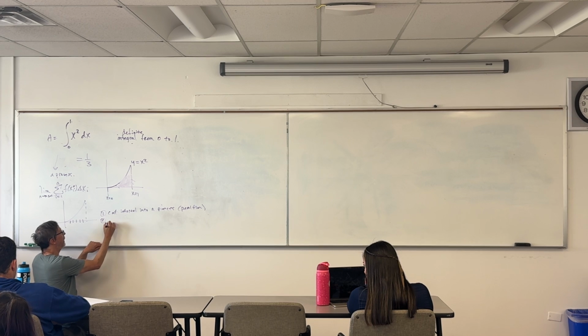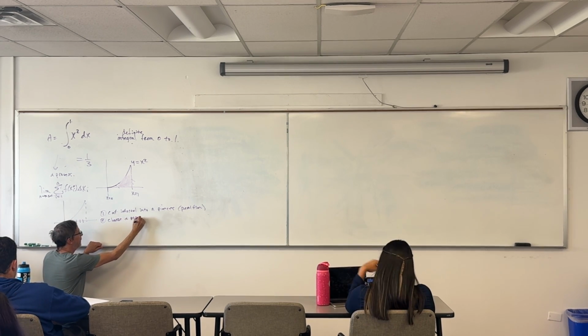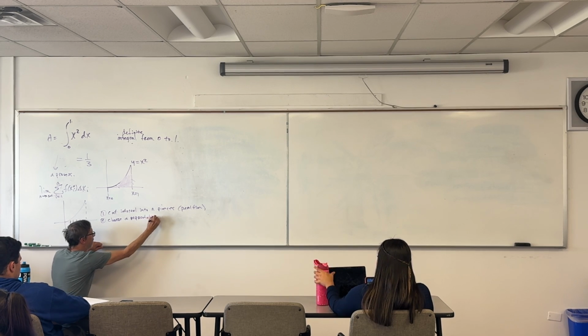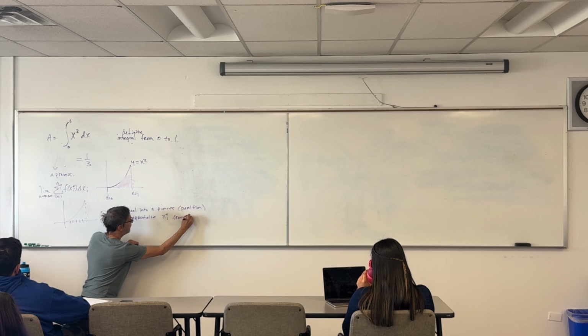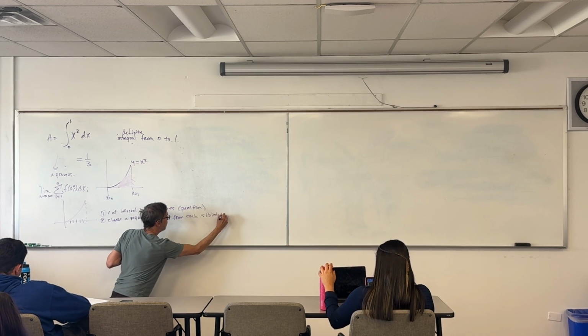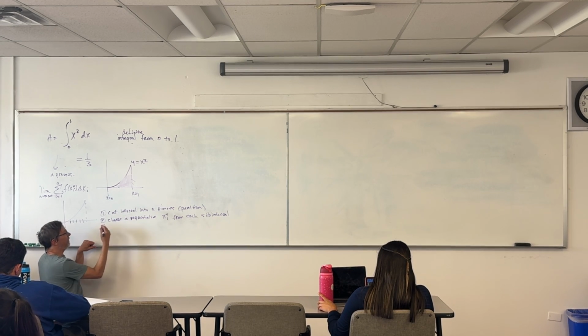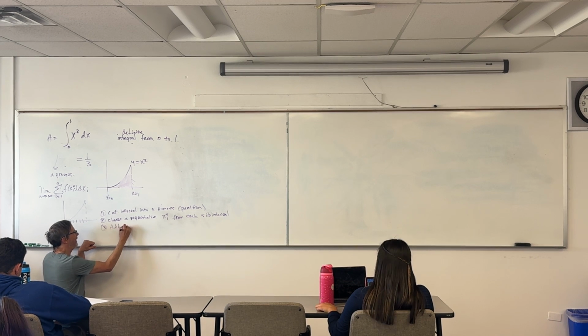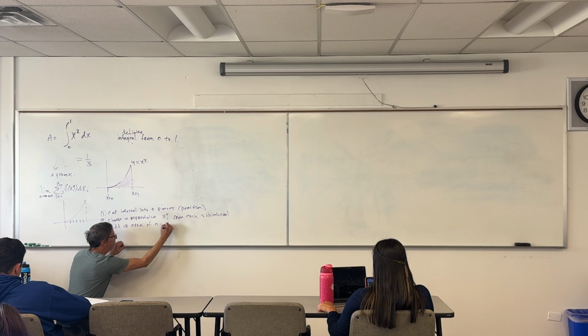And then we choose a representative x sub i star from each subinterval. And then we add up the area of n rectangles.